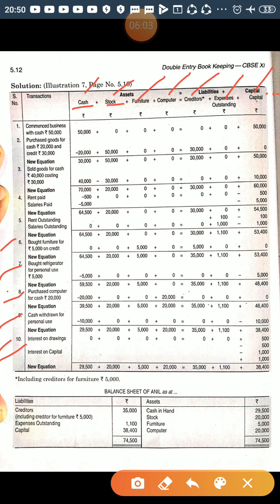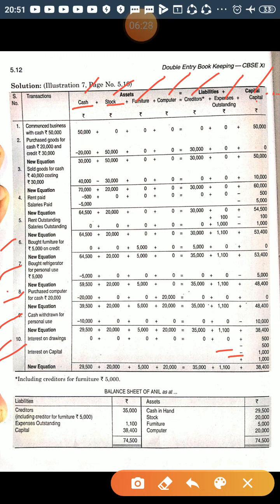So the same amount will be added and the same amount will be deducted. In the same way, interest on capital is an expense for the business, so it will be deducted from the capital, and at the same time it will be added to capital by that amount of interest. So the same amount 1,000 will be deducted and the same amount will be added to the capital.